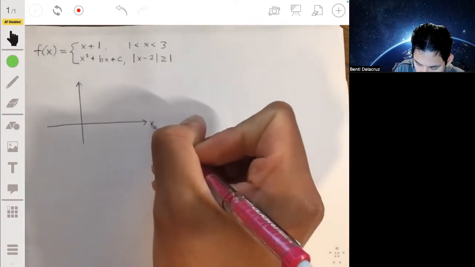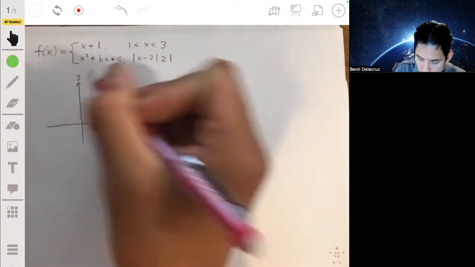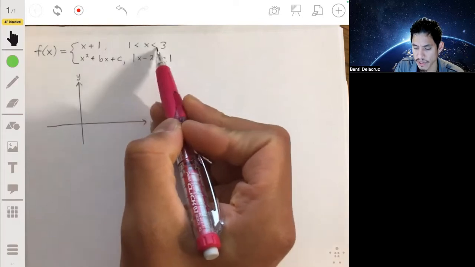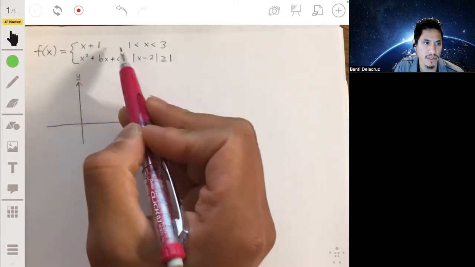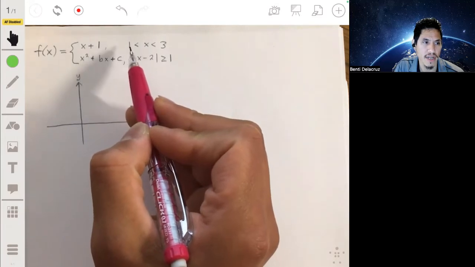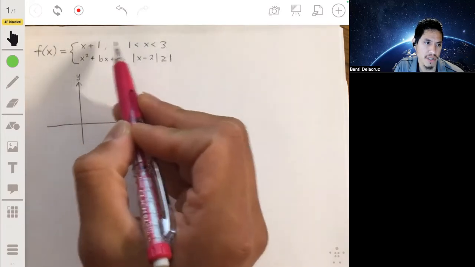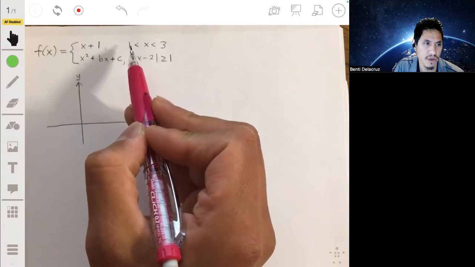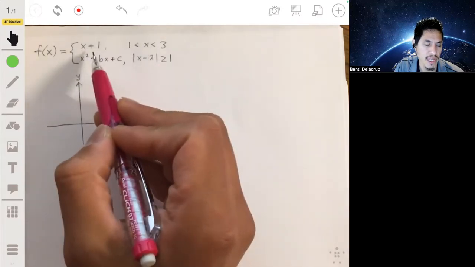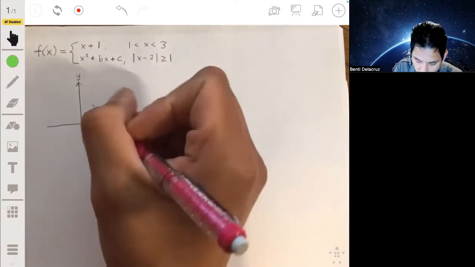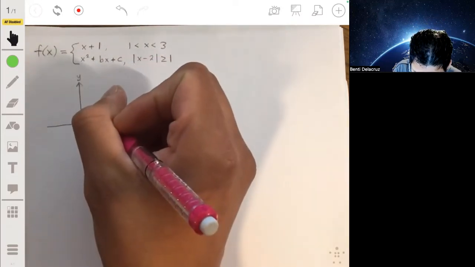So in the XY plane, when X is between 1 and 3, it's going to have this linear equation, X plus 1. It's not defined at 1 and 3, so you have an open circle when X is 1 and an open circle when X is 3. If you plug in 1, you would get 2, so you'd have an open circle at (1, 2).